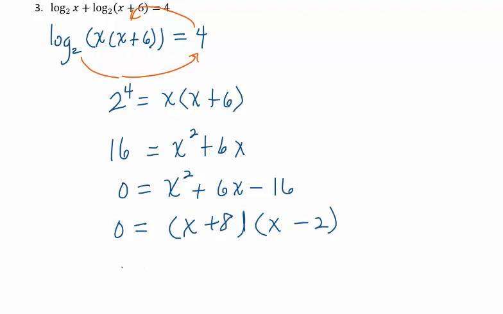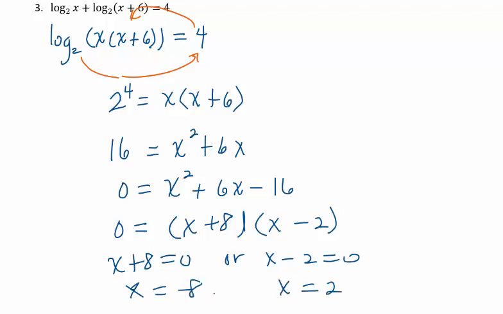Then set each of these factors equal to 0. Either x plus 8 is 0, or x minus 2 equals 0, and then x is either negative 8 or x is equal to positive 2. One other thing we have to be careful about is having an extraneous solution, which is a solution that doesn't work in the initial problem, but these two definitely solve the quadratic equation that we found.